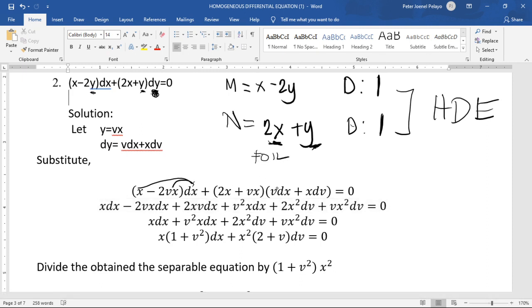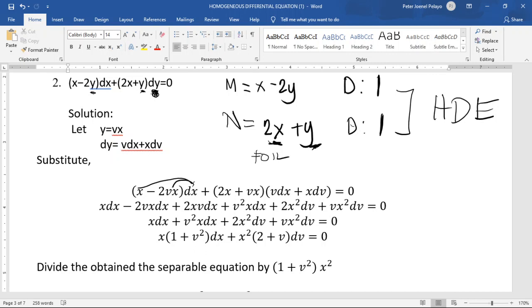So, 2x times b dx, that is 2xb dx. Then bx times b dx becomes b squared x dx. And then, 2x times x dv is 2x squared dv, and bx times x dv is bx squared dv, equal to 0.